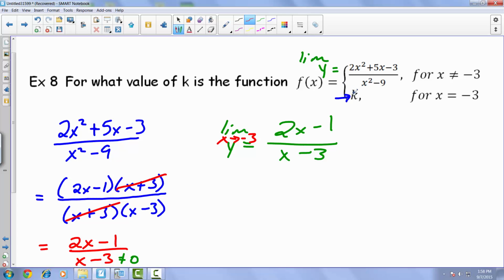Now again, we're looking for this k value, and we have no idea what it is, but it is equal to some y value. It's our hope that this y value comes out to be the exact same thing as the limit as x approaches -3 of our simplified version of the function. So we want this limit to become k.